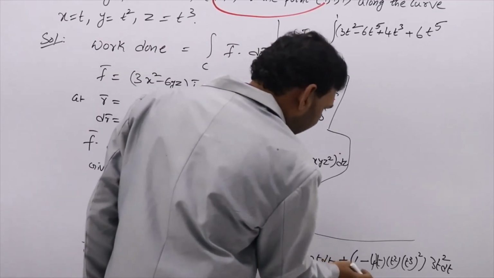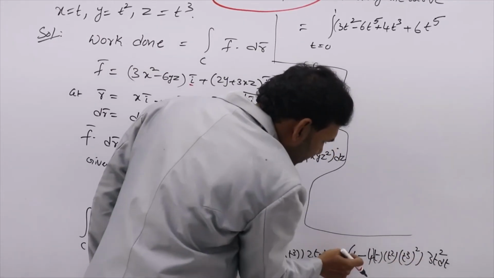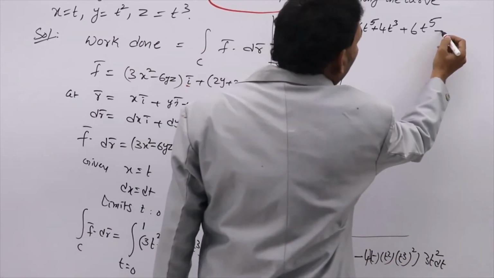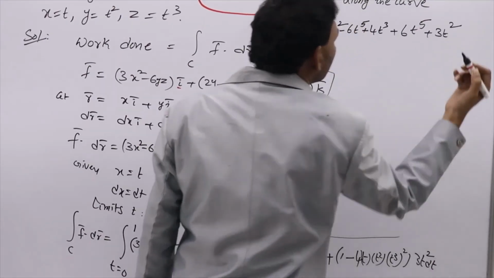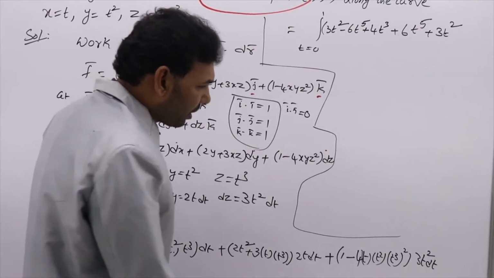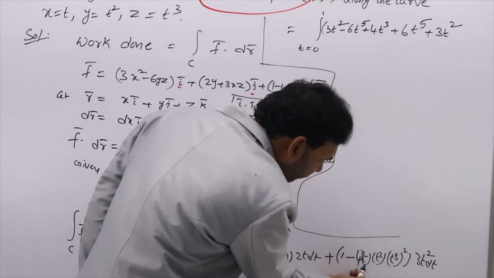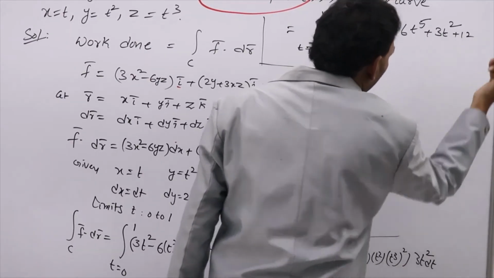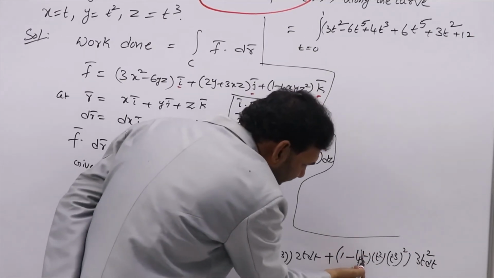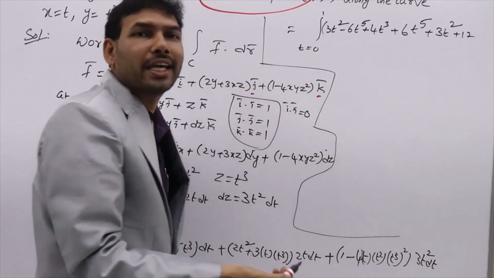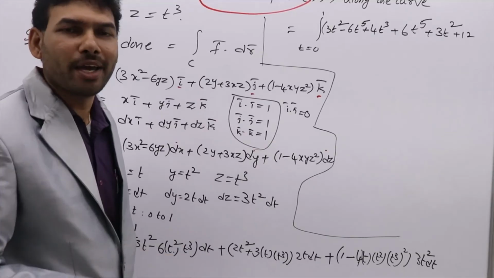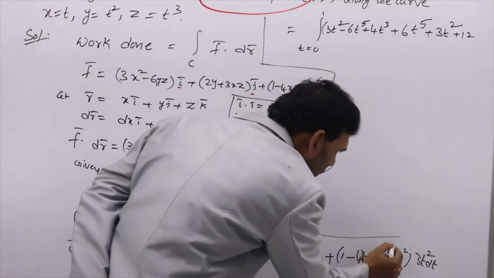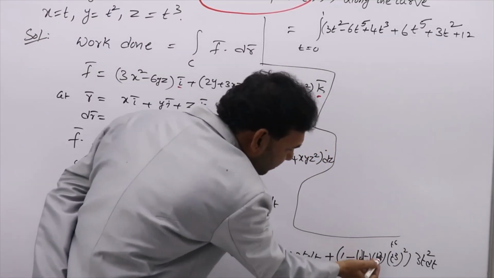Coming to here, multiply with this: 1 into this one, 3t square. Coming to here, 4t, 4 3s are 12. Okay, t square, t cube whole square. A power m whole power n is a power mn. 3 2s are 6, so here you have t power 6.